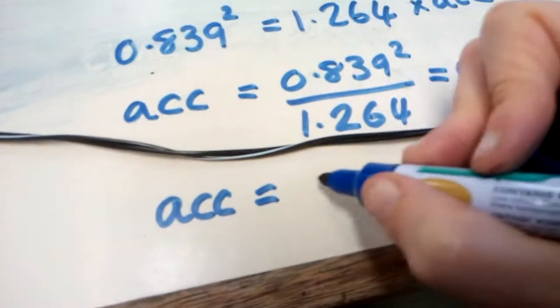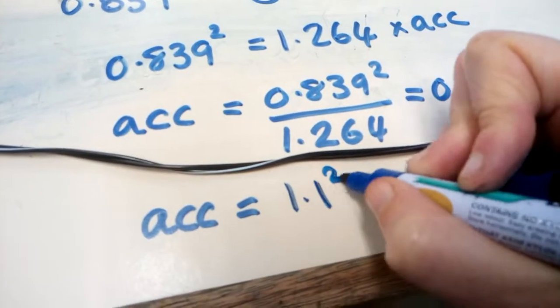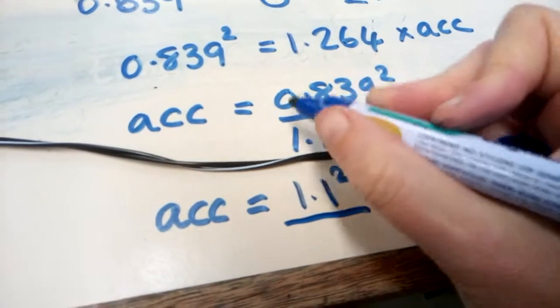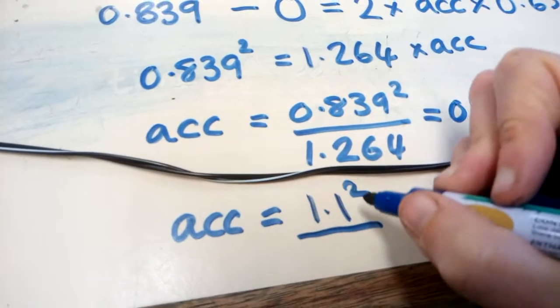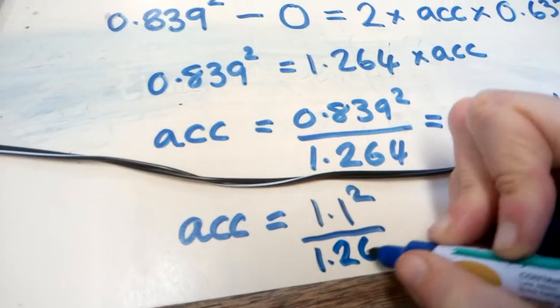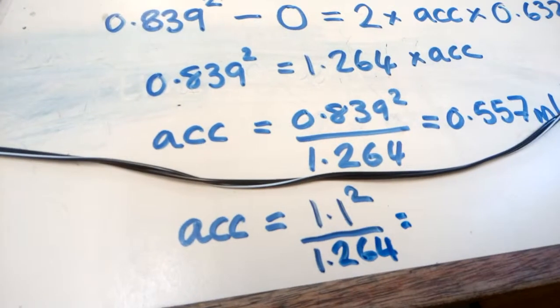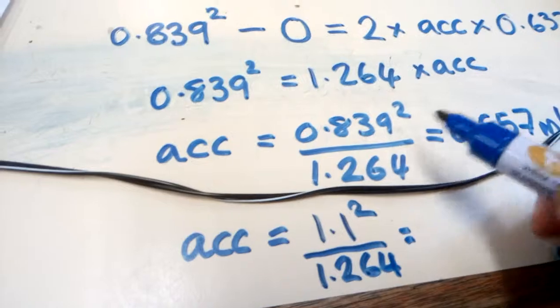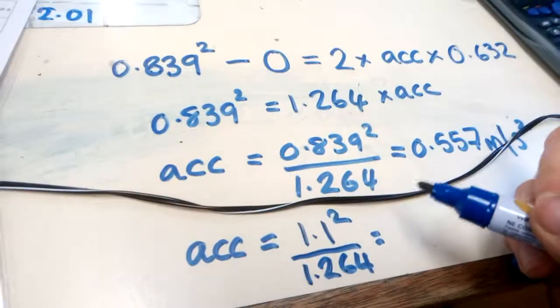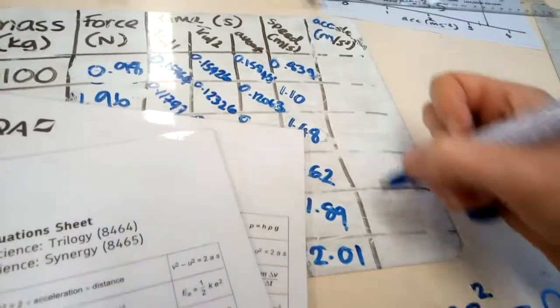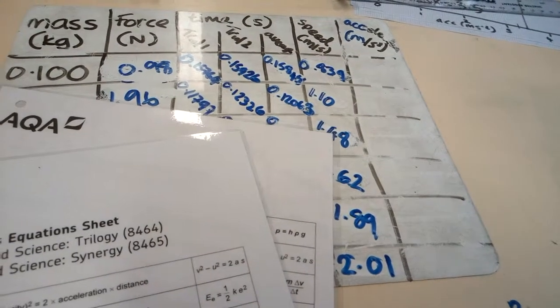I'll put in the same numbers apart from changing that number to 1.1. So it's the same equation, 1.1 squared divided by 1.264. That will give me my next acceleration. So you're going to square your speed and divide it by your distance, and that should give you your acceleration. You need to record your accelerations in your results table.